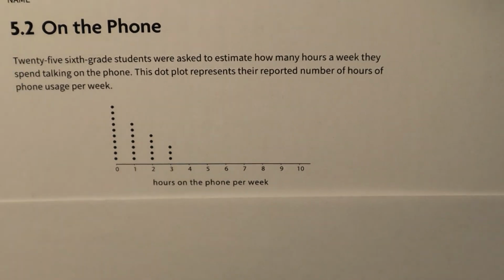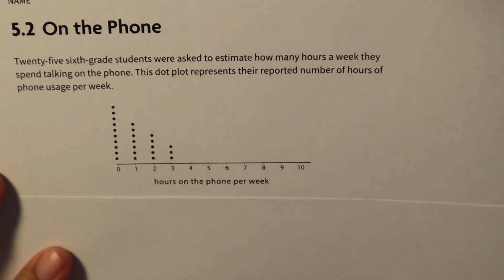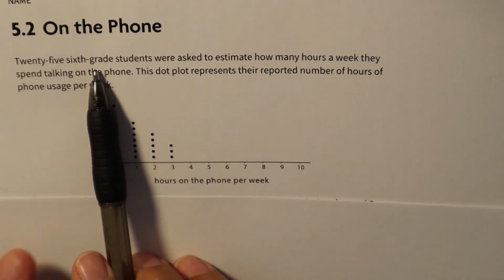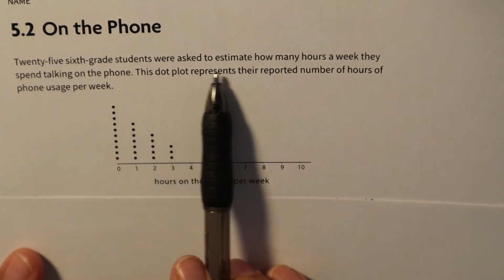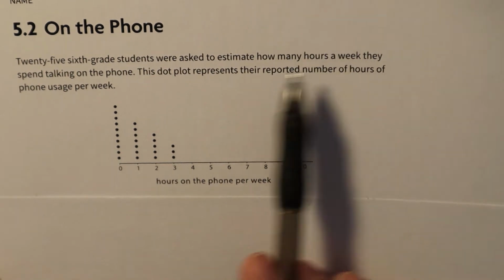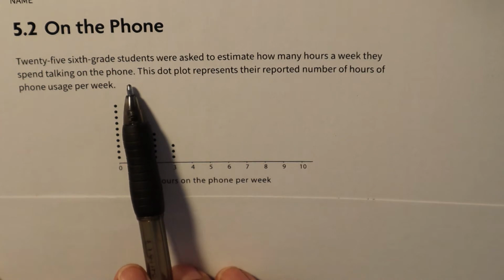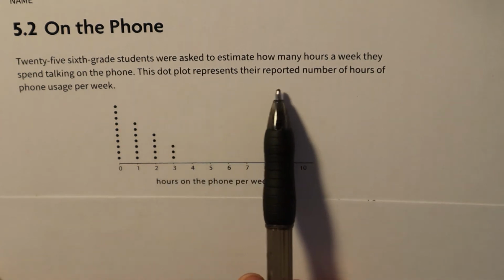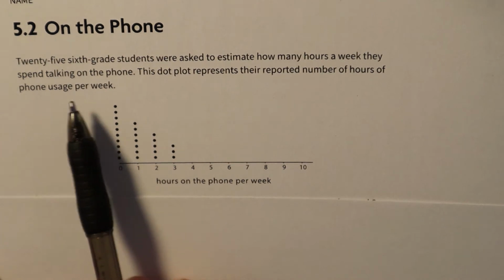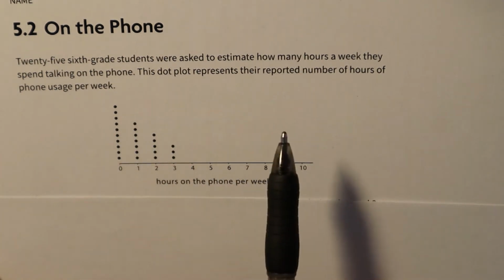Now I want to talk about this real quick. First of all, it says 25 sixth grade students, okay? So there's 25. We're asked to estimate how many hours a week they spend talking on the phone. This dot plot represents the reported number of hours on the phone per week. So this is definitely a statistical question.